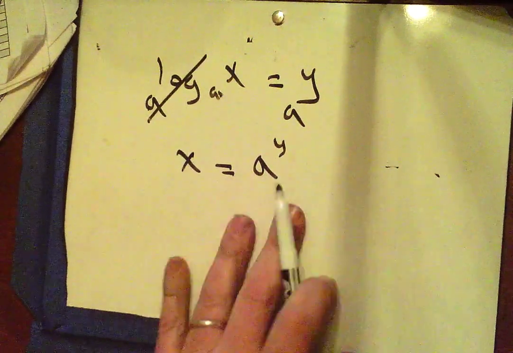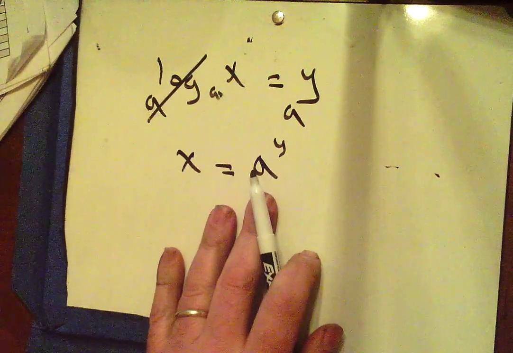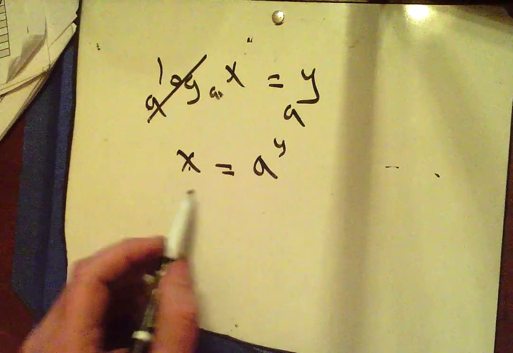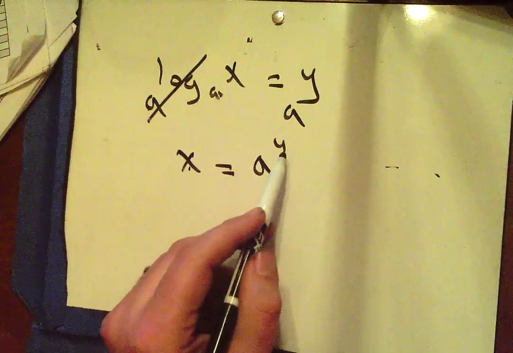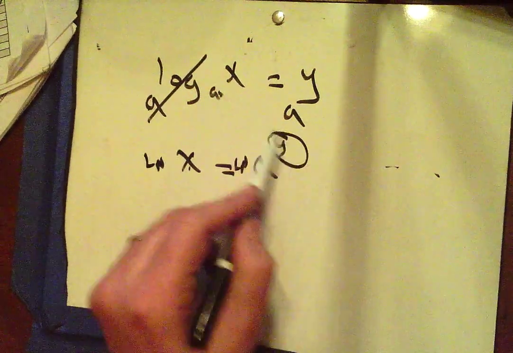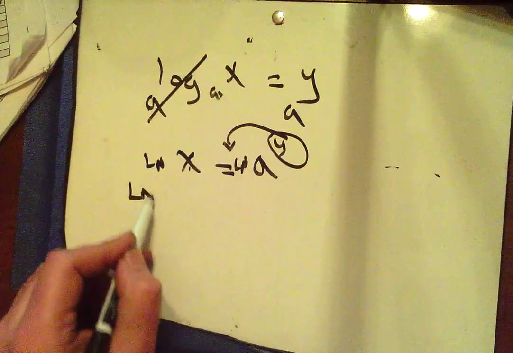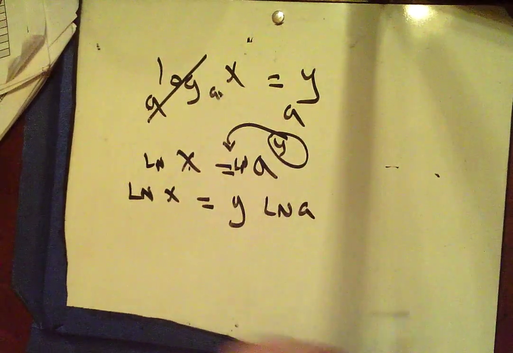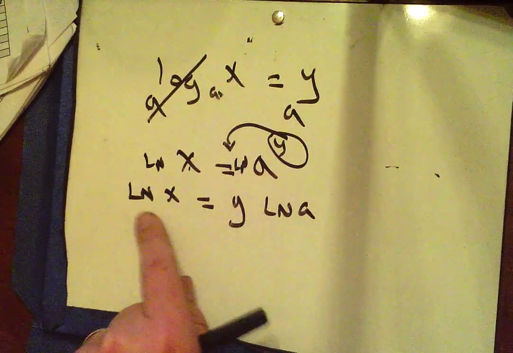Okay, so now how do I take the derivative of this? No problem. I don't really want to have a y up there, so I better take the ln of both sides. And then I can bring this down. So I have ln of x equals y ln of a. Hey, if you divide both sides by ln of a, look where you are.